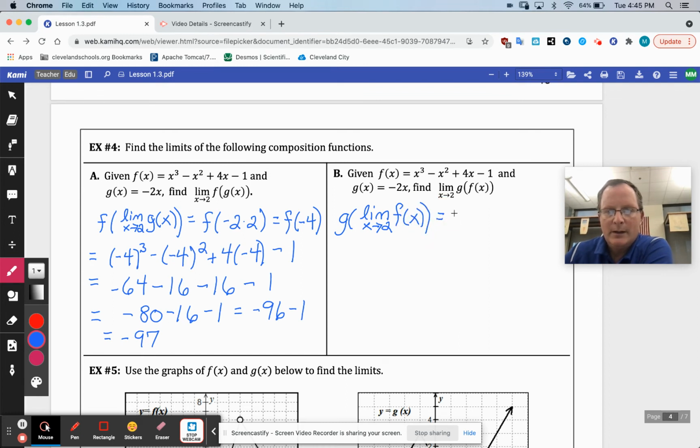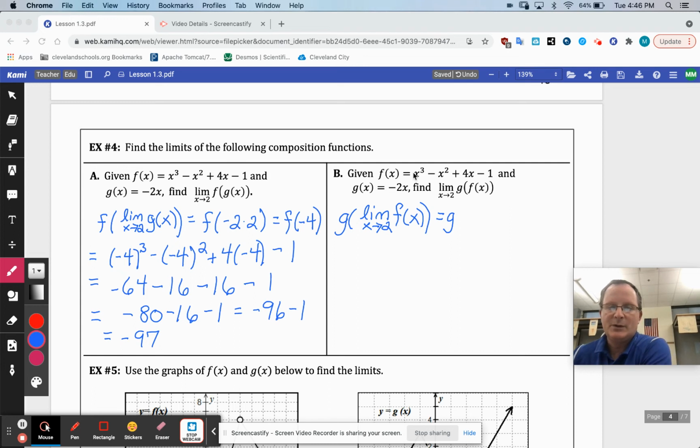This time it's f of x inside, and this is also a continuous function. There are no holes, no gaps, no asymptotes to worry about. I can do a direct substitution into that and find out what that limit is.